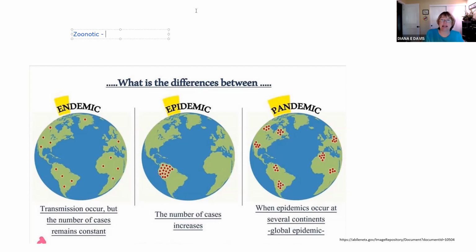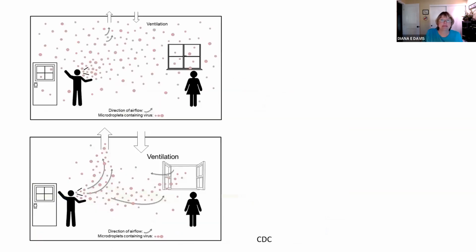So we're not seeing huge increases in cases. We're not seeing widespread cases. Okay, so that's where we ended up last time. We're going to start now talking about how diseases are transmitted.